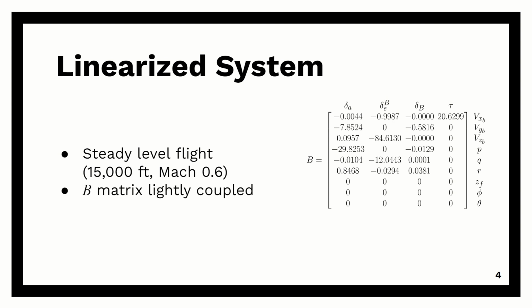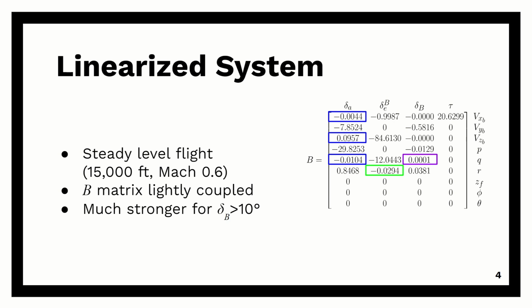Now, there's light coupling in this matrix due to the nonlinearities of the system that show up between longitudinal and lateral control and states, aircraft states. And this coupling only increases for larger tail angles. And so we wanted to pick a control methodology that would work whether we're flying at steady level flight or in, for example, a steady coordinated turn where that tail angle would be larger.